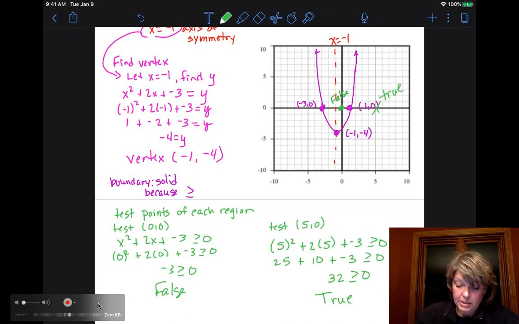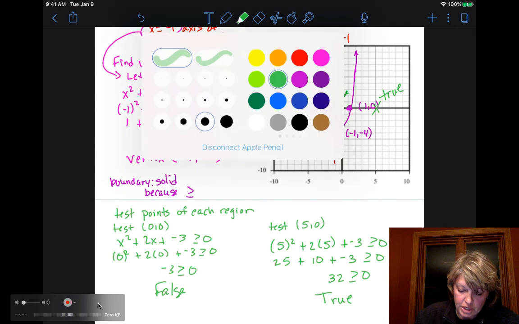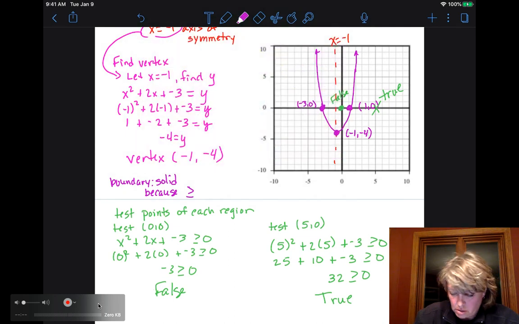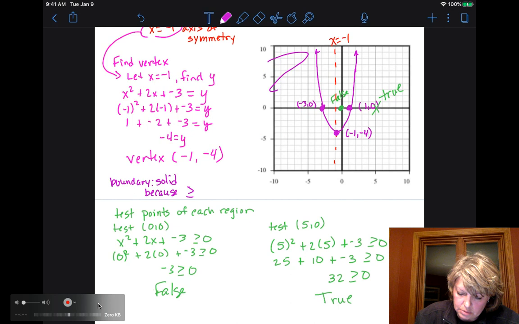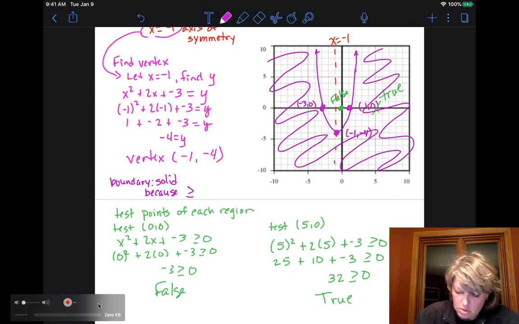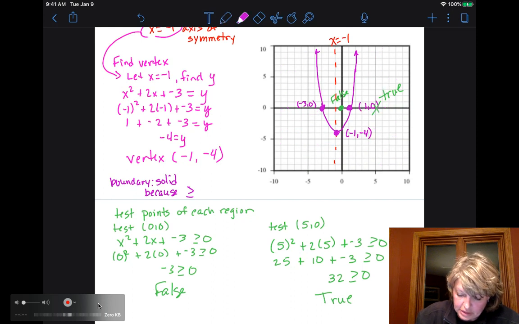So because that point out there works, I am now going to shade. And whether you use arrows or lines or, again, you could shade simply by doing this. Or if you don't like that, you can use your highlighter, your fancy highlighter. And we're going to shade all the ordered pairs that are outside that parabola.